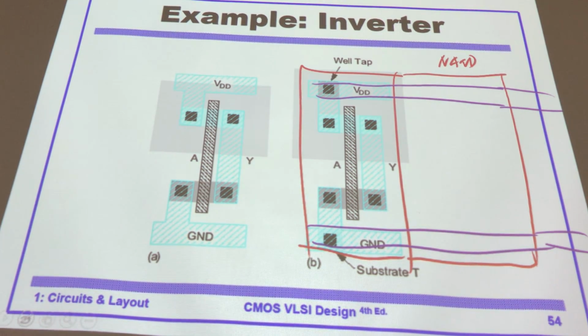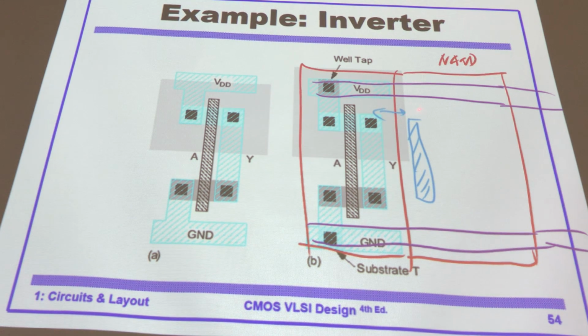There could be some blue metal wire. Then you have to check whether or not the spacing is enough. We mentioned before that wire, in addition to the minimum width, is also a spacing, minimum spacing, right? Requirement.